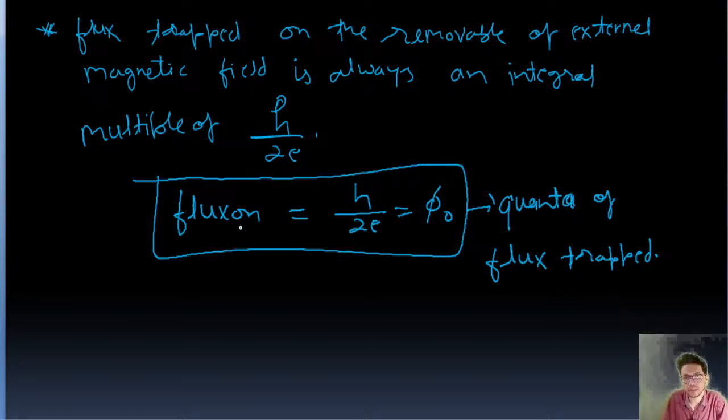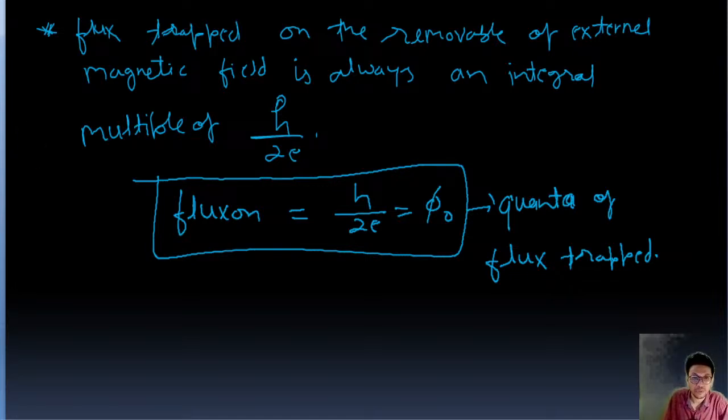So this is the fluxon, h upon 2e, and it is also called the quanta of flux trapped. So the trapped flux is quantized, and that is the flux quantization. I hope, guys, you have understood it.